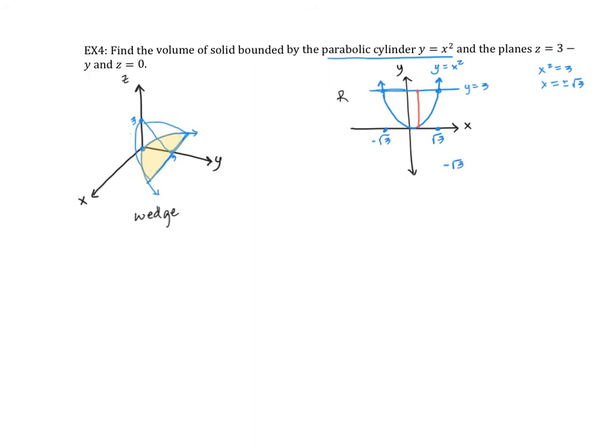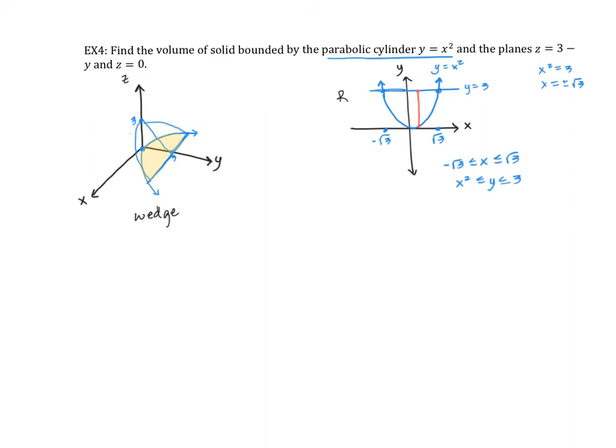So negative square root of 3 to positive square root of 3 would be x, and then y would go from x squared to 3. So I have my limits of integration for x and y. x is constant, y is variable, so y has to come before x. Let's look at my z values.